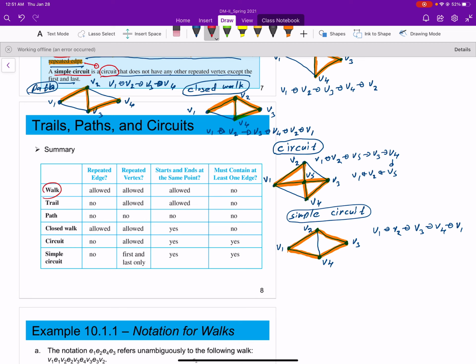If it's a walk, repeated edges allowed, repeated vertices allowed, start and end at the same point allowed, must contain at least one edge, no. And if it's a trail, then repeated edges, no. Repeated vertices allowed, start and end at the same point, allowed. And must contain at least one edge, no. Okay, so this table summarizes everything. So you can read this table.